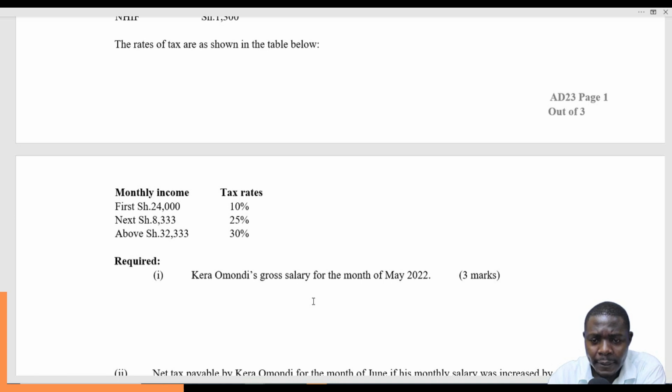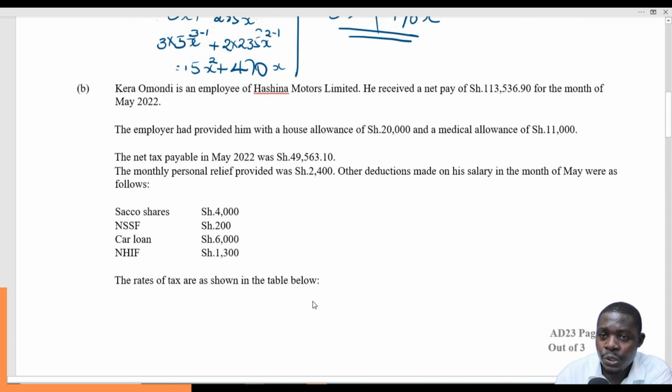Required Roman 1: calculate Omondi's gross salary for May 2022. They want us to calculate the gross salary for May 2022.